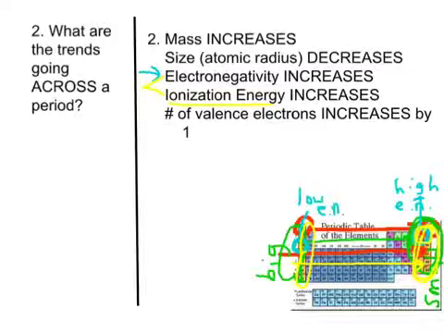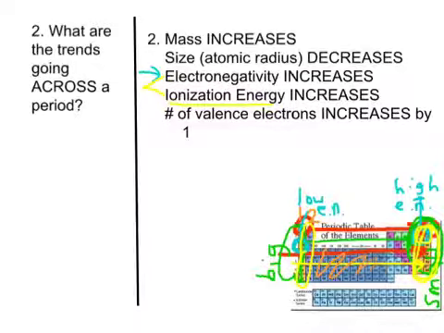Our last trend going across a period is that the number of valence electrons is going to increase by a value of 1. We saw that in the last slide when we were talking about the group numbers telling you the number of valence electrons. So the first group has 1 valence electron, the second group has 2.